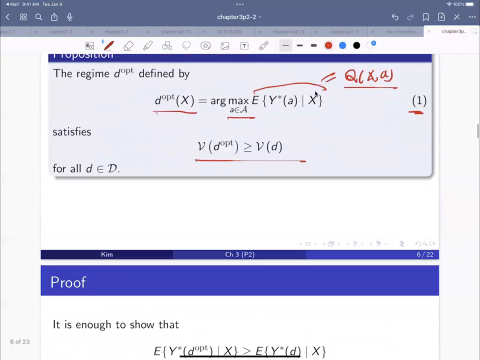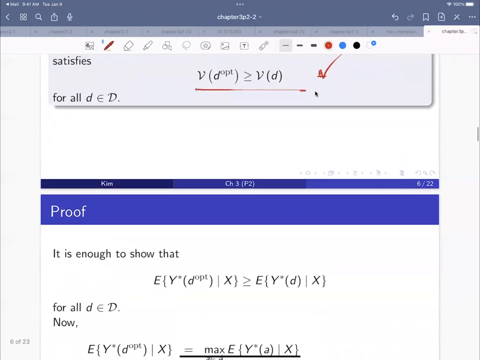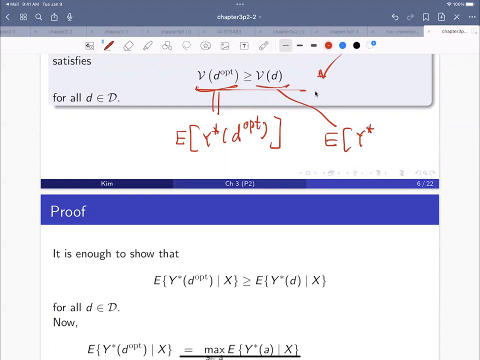So, to show this, this is what we want to show. Those two, but by the way, this one is an expectation of the Y star potential outcome on the D, and this one is a Y star of general D. So this is the marginal expectation, but to satisfy this marginal relationship, we only have to satisfy the conditional inequality.